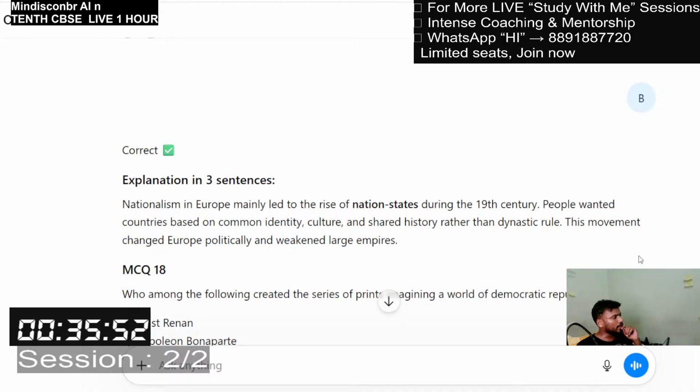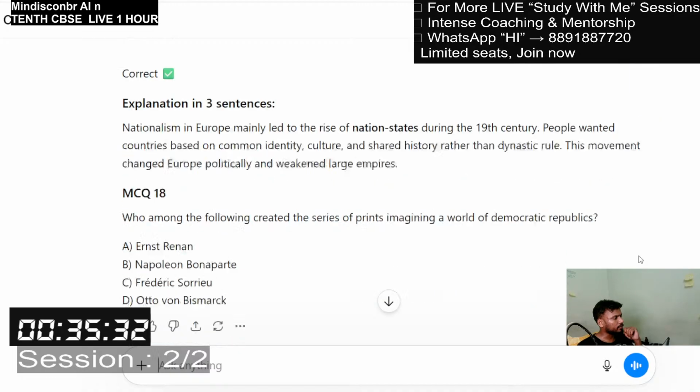Nationalism in Europe mainly led to the rise of nation states during the 19th century. People wanted countries based on common identity, culture, and shared history rather than dynastic rule. This movement changed Europe politically and weakened large empires.